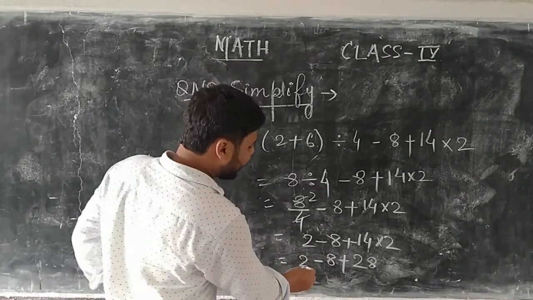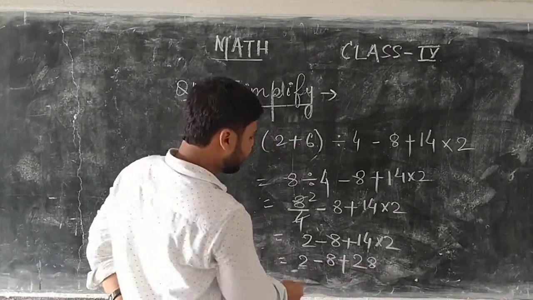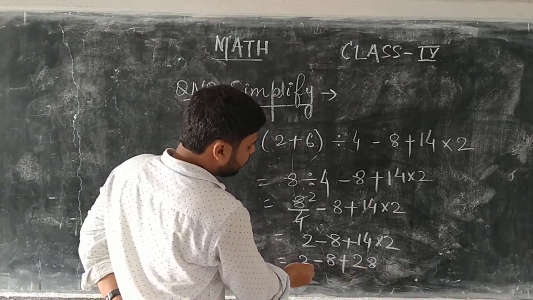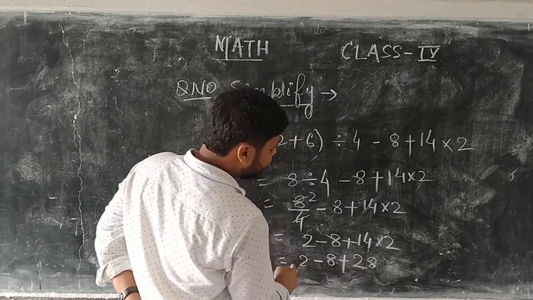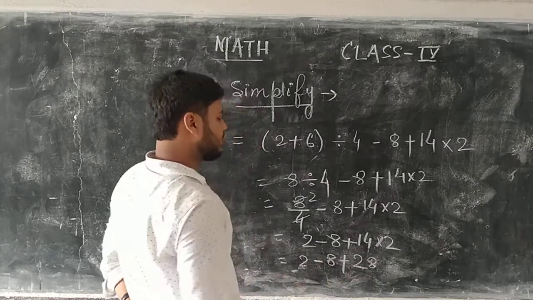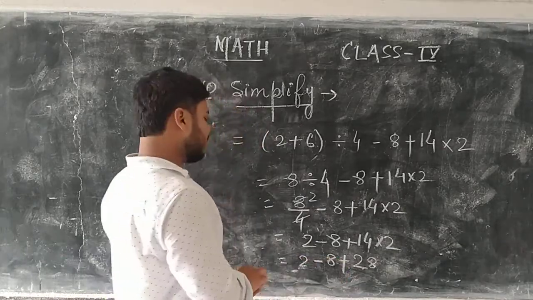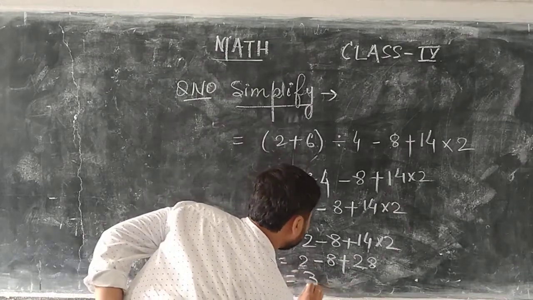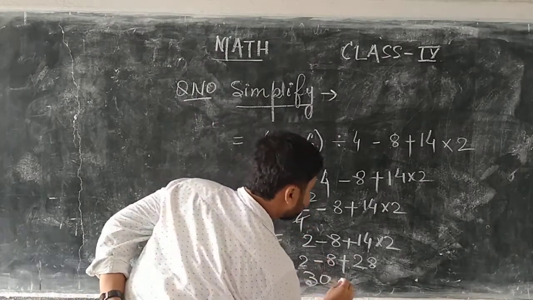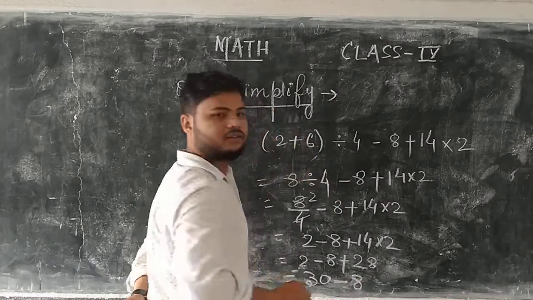If you add 2 plus 28, here the sign in front of 2 is not given, it is understood to be plus, and here plus is given. We add same sign numbers, so 2 plus 28 will be 30, and the subtraction sign is given, minus 8.